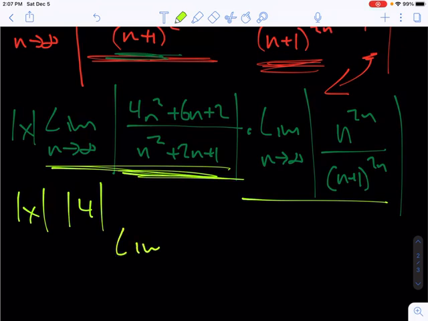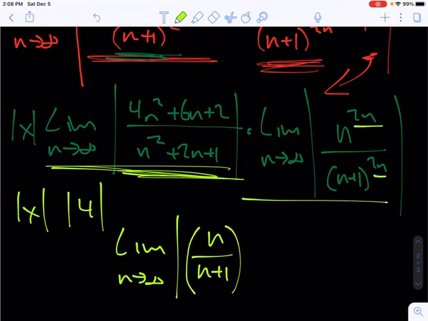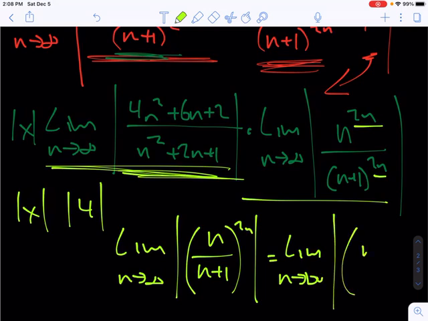the limit as n approaches infinity. Now both of these are raised to the 2n power. So I'm going to group it as n over n plus 1 to the 2n power, which could also be rewritten as the limit as n approaches infinity of n over n plus 1 to the n, all raised to the second power.